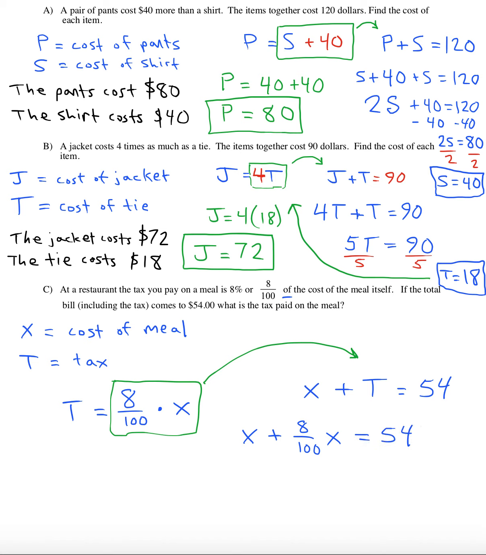Now we have an equation of just one variable, x. However, solving this is a little tricky. One of the first things I'll do is change the 8 over 100 into its decimal form, which is 0.08.